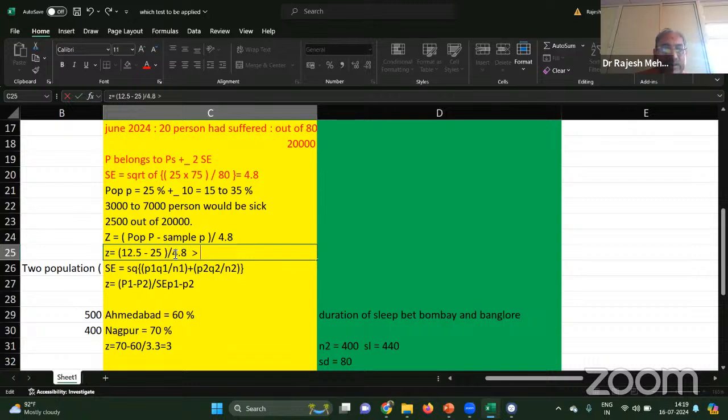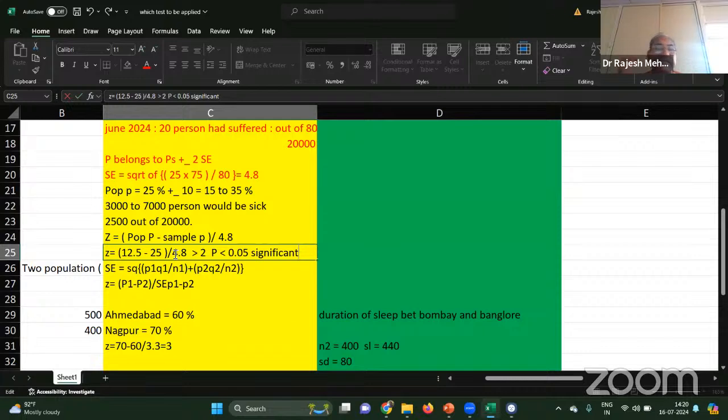That is definitely more than 2. So we can say the P is less than 0.05, and you can say that the difference is significant. So you can answer that there's a significant difference between the prevalence in the flat versus in the town.